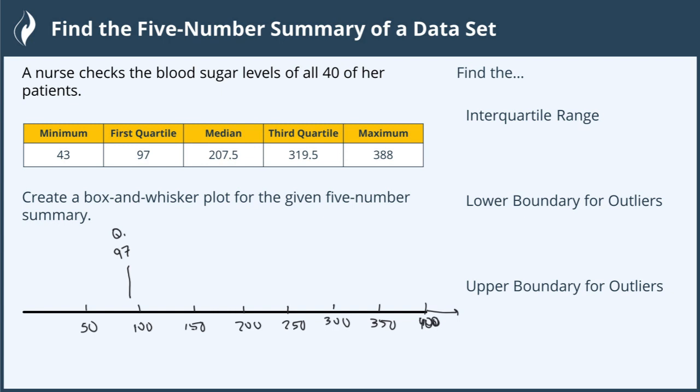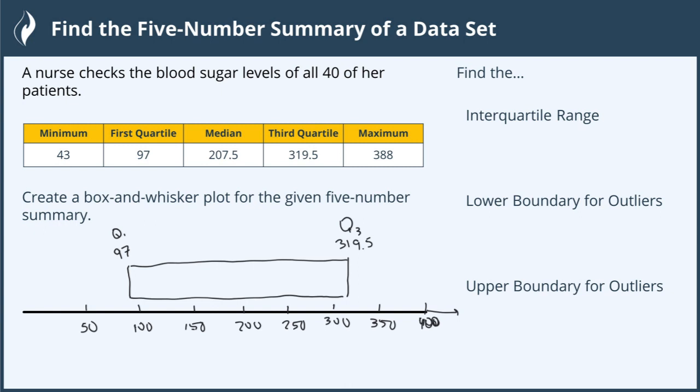And then my box ends at my third quartile, which is at 319.5, which is all the way over here, approximately. So this is my Q3, my third quartile, which is 319.5. So the box of the box and whisker plot is now able to be closed.